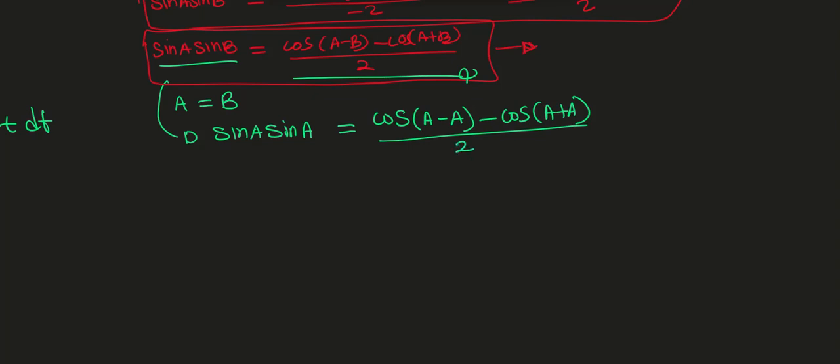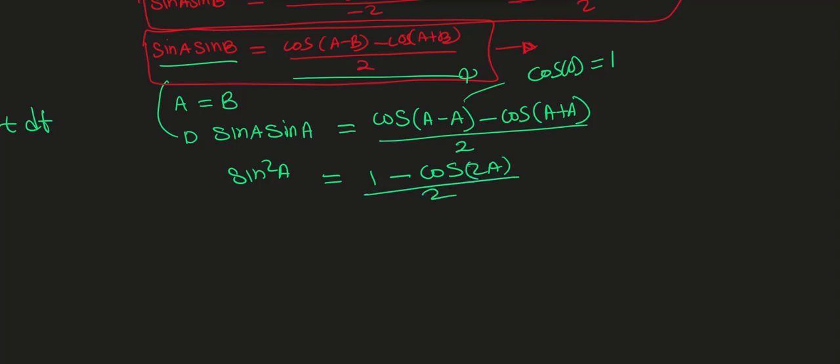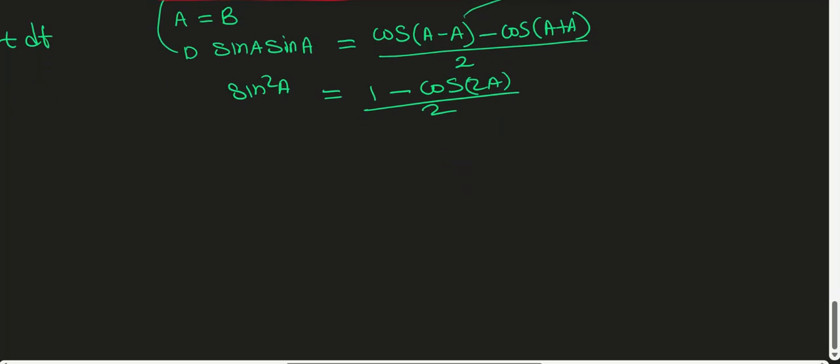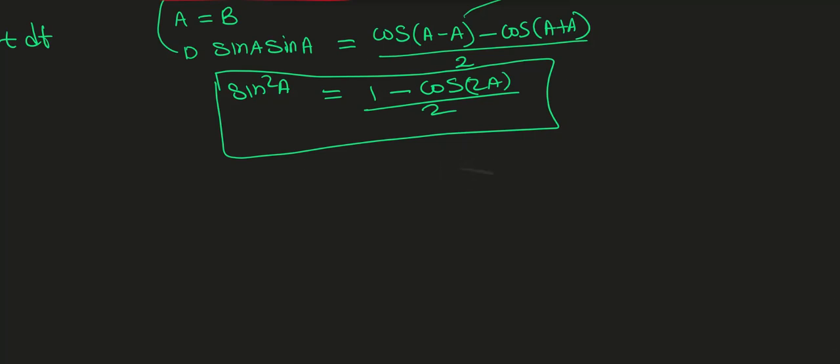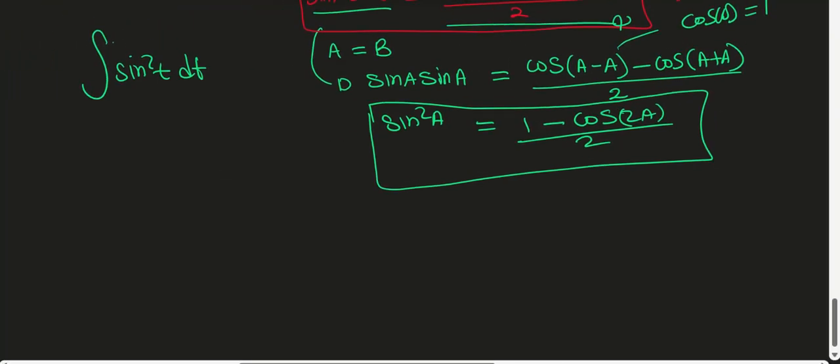Sine A times sine A becomes sine squared A, which is equal to cos(A minus A), which is just the same thing as cos of 0, and cos of 0 is equal to 1. So this becomes 1 minus cos(A plus A), that is cos 2A, all of that divided by 2. So this can then be a very nice expression for us to play with in our equation.